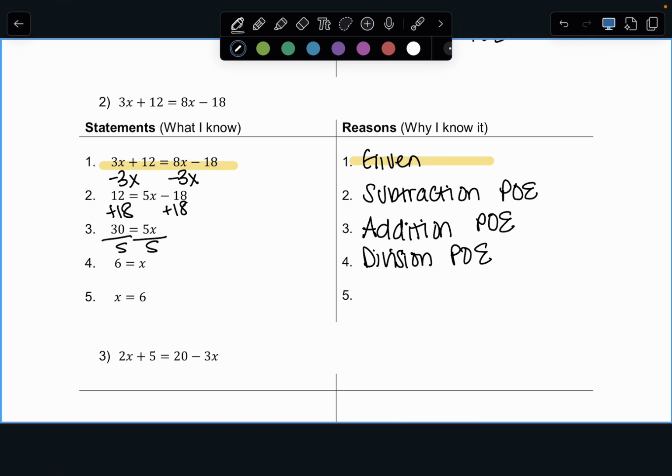Symmetric. Very good. The next one is symmetric. Is the next one rewrite the solution? Yeah, you're not wrong. All we're doing between 4 and 5 is rewriting it in the order that it wants us to put it in, x equals. However, like Jordan said, we do have 3 special properties that deal with stuff like that. If we remember the RST properties, R is reflexive.